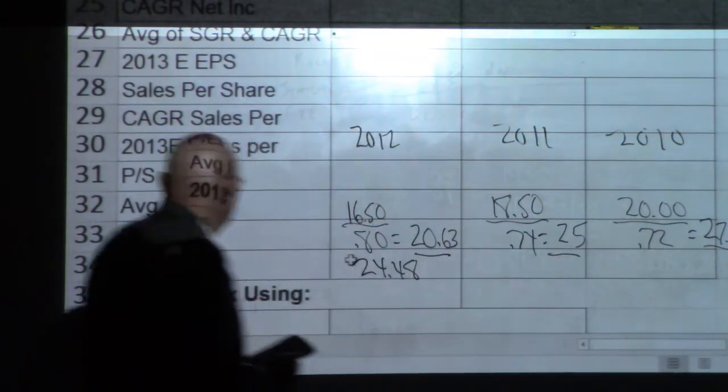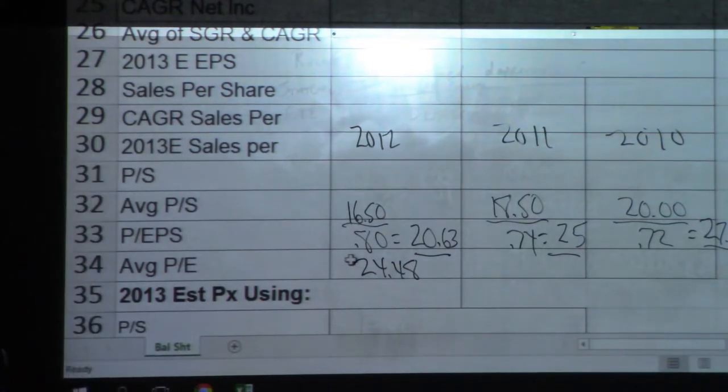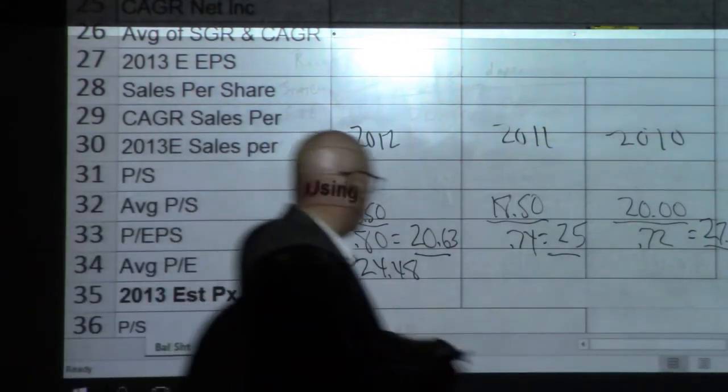That is our average PE. So we have our average PE and our average price to sales. And so let's write this down. The average PE is 24.48.